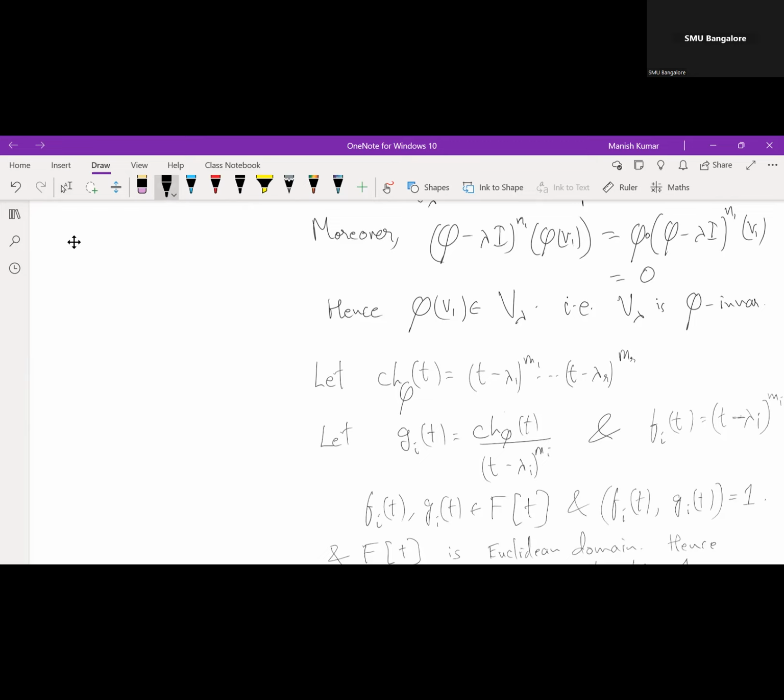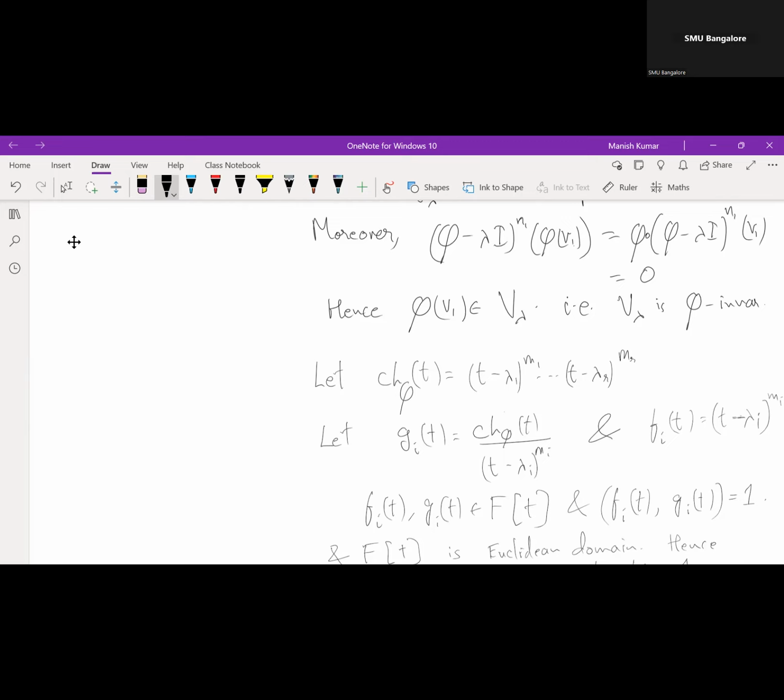So Fi times Gi is the characteristic polynomial of phi again. So these are the two polynomials. Their product, of course, is the characteristic polynomial, and their GCD is 1, since they don't have any common factor.